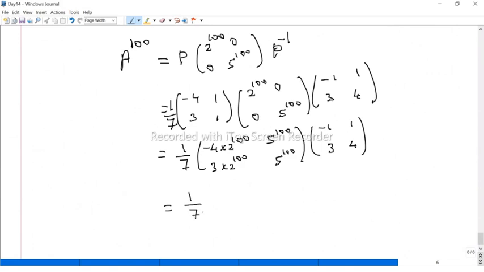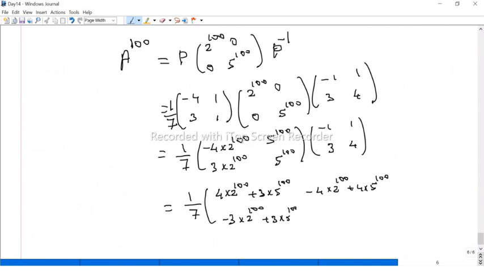So this is equal to 1/7 times: 4 times 2^100 plus 3 times 5^100, and this term -4 times 2^100 plus 4 times 5^100, and this one is -3 times 2^100 plus 3 times 5^100, and the last one is 3 times 2^100 plus 4 times 5^100.